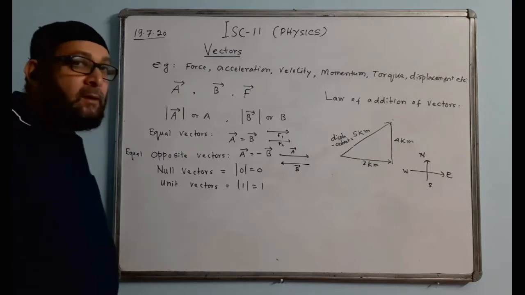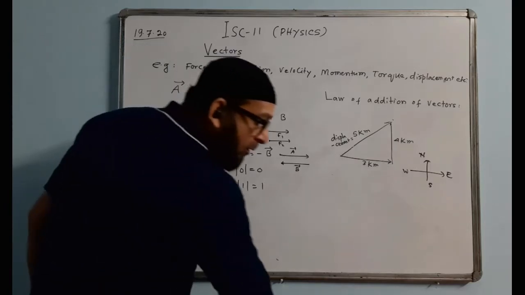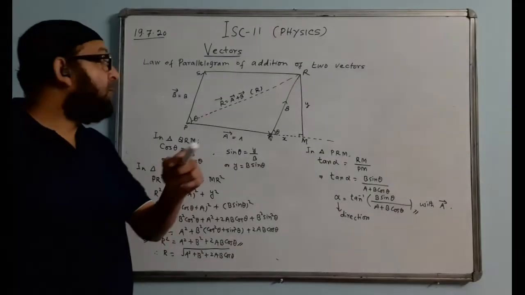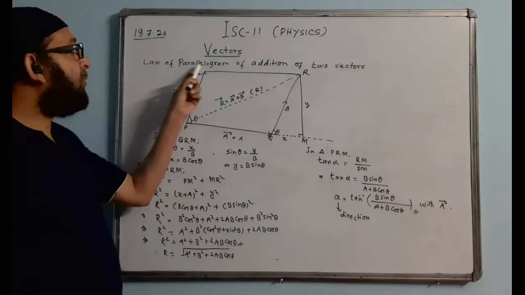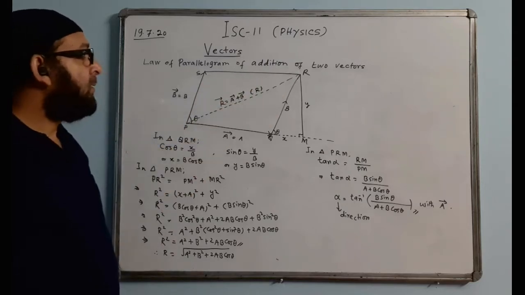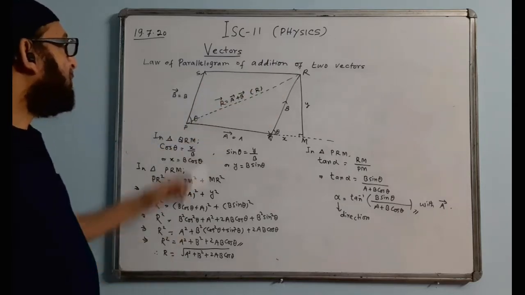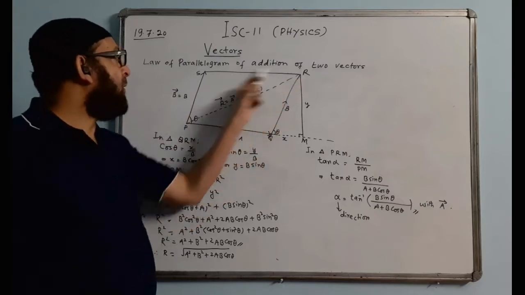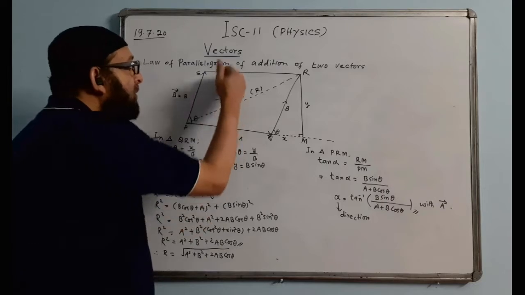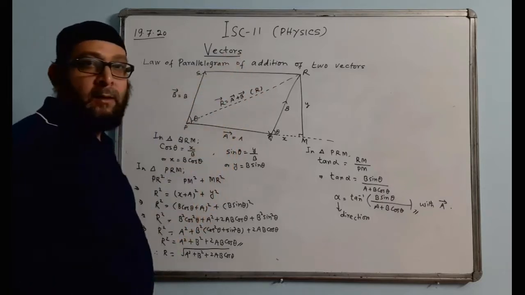So now the first law, that is called law of parallelogram of addition of 2 vectors. According to this law, we make a parallelogram. PQRS is a parallelogram we are making. You know, in a parallelogram, opposite sides are equal and parallel.